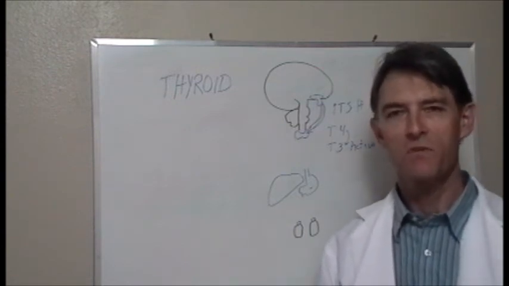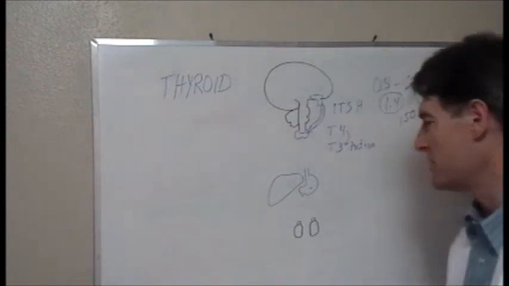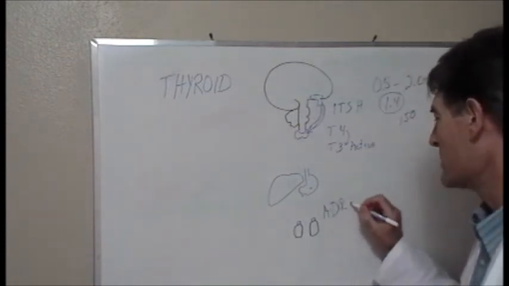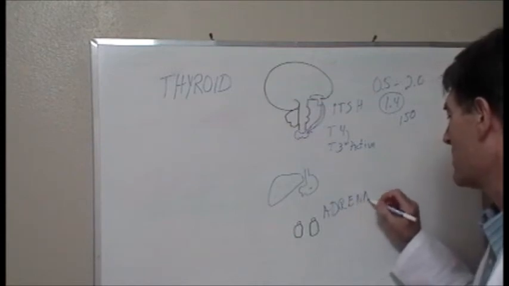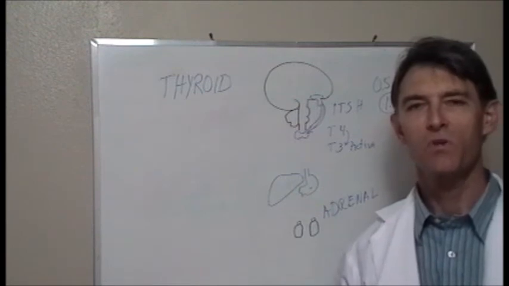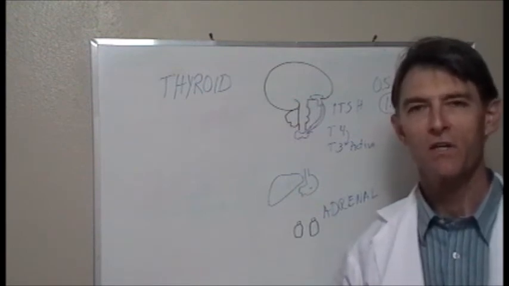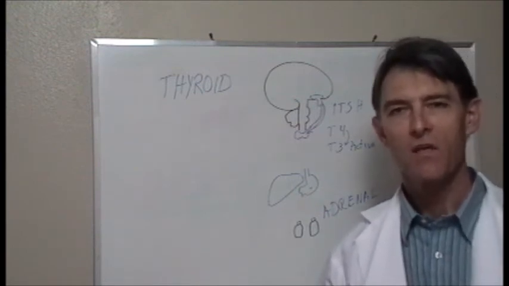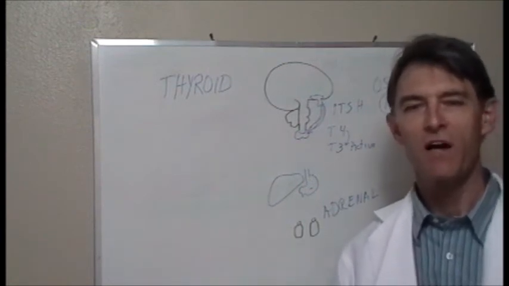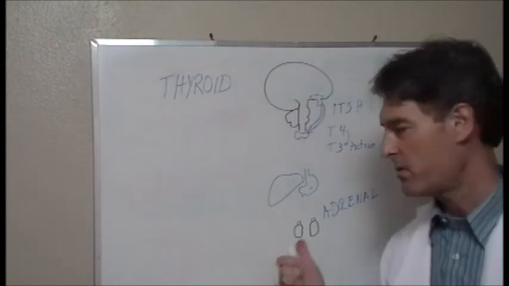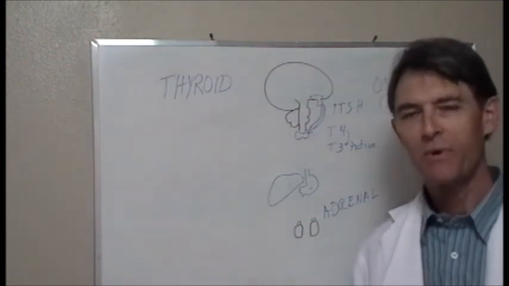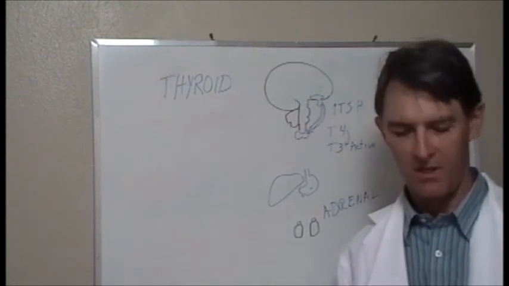Parasympathetic nerve system related to the sympathetic nerve system. Down here, these are the adrenal glands. Adrenal glands produce a number of important hormones. One is cortisol and one is adrenaline. If the thyroid levels are off, the adrenal glands are not going to be produced very well, but they're controlled by the sympathetic and parasympathetic nerve system.